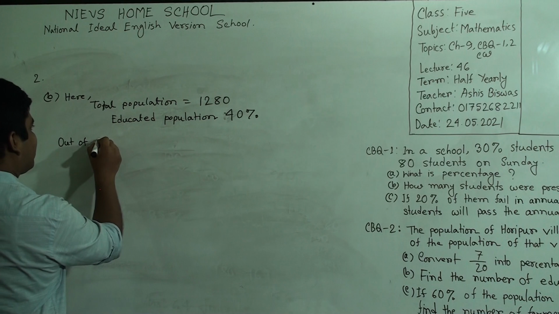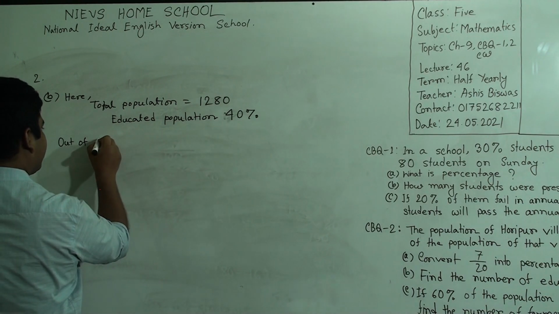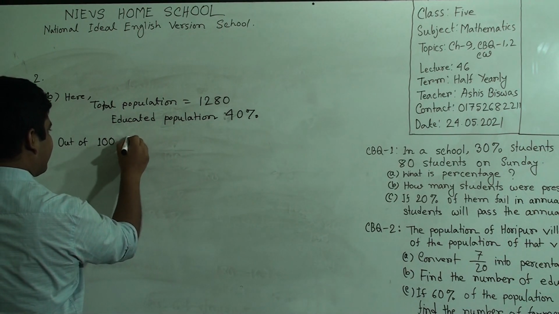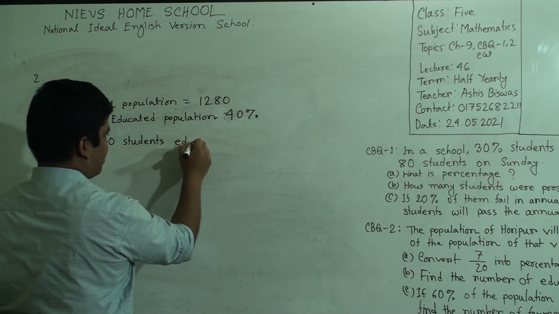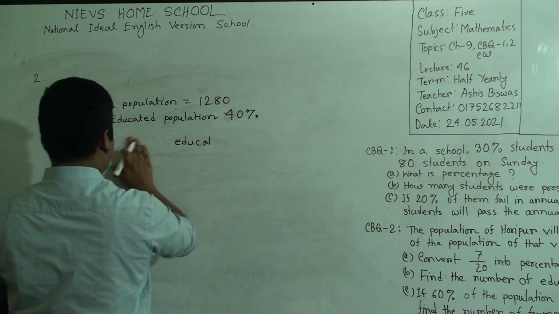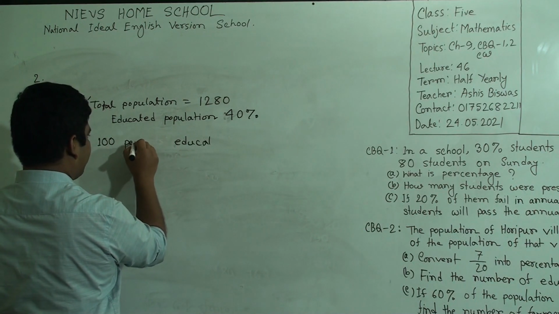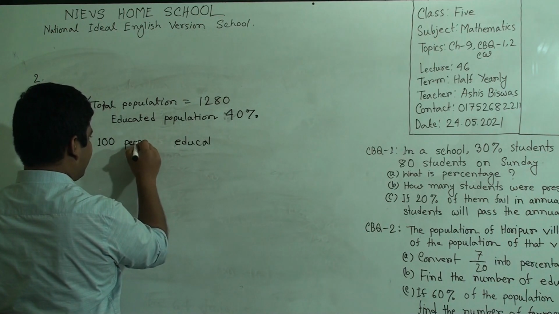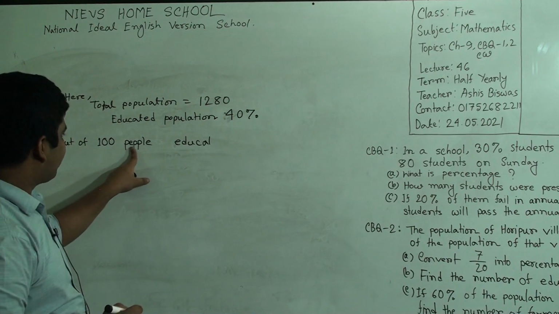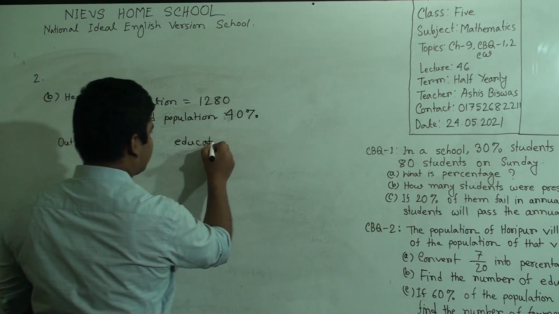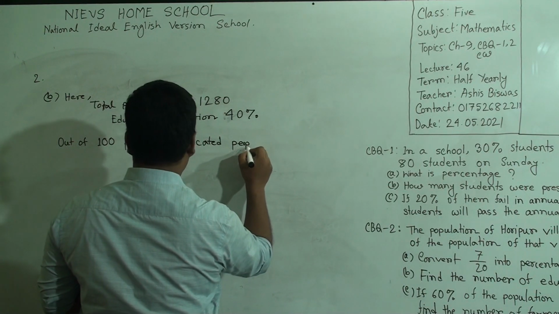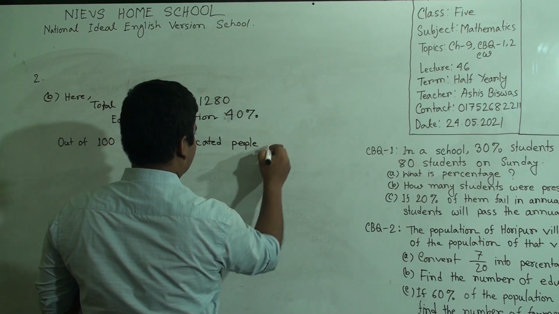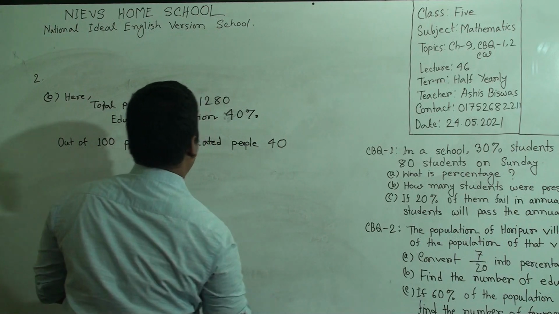From this information we can write, out of 100 people, educated people are 40.